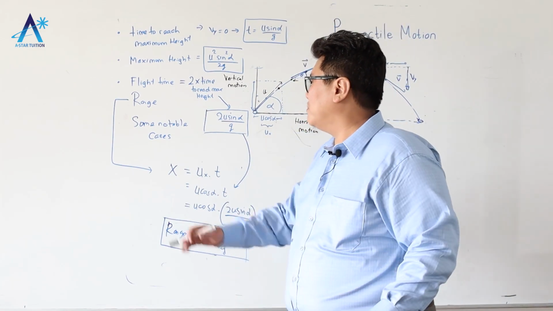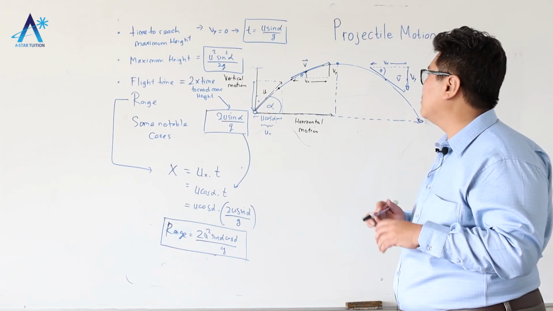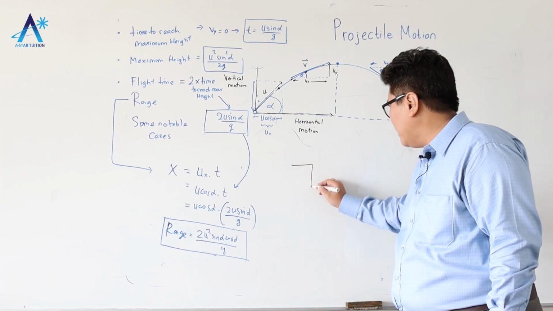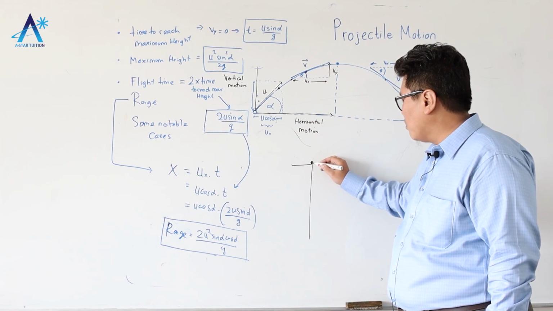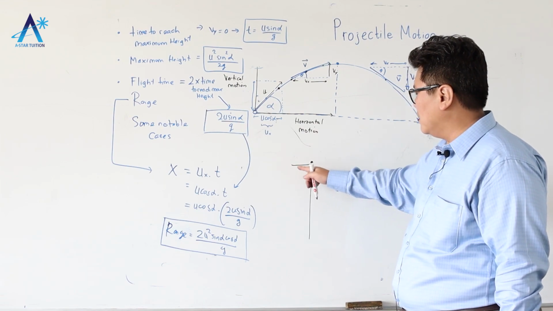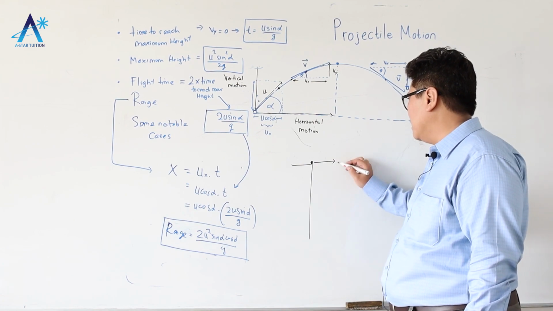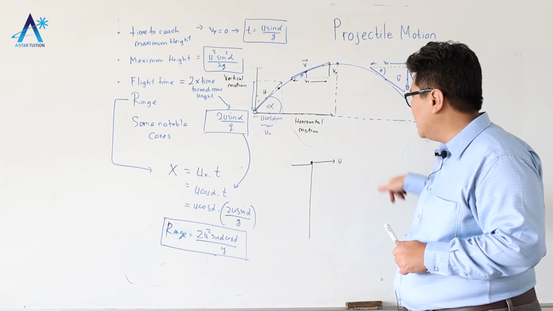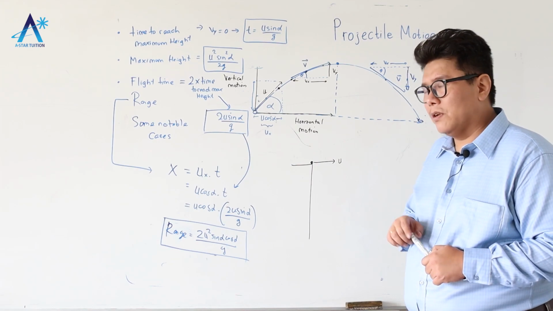Now, there are some notable cases in a projectile motion problem that I want to discuss. One of the notable cases is, imagine that you have an object that is rolling at the end of a cliff or a building, initially moving with an initial velocity that is wholly horizontal, meaning that there is no vertical component.